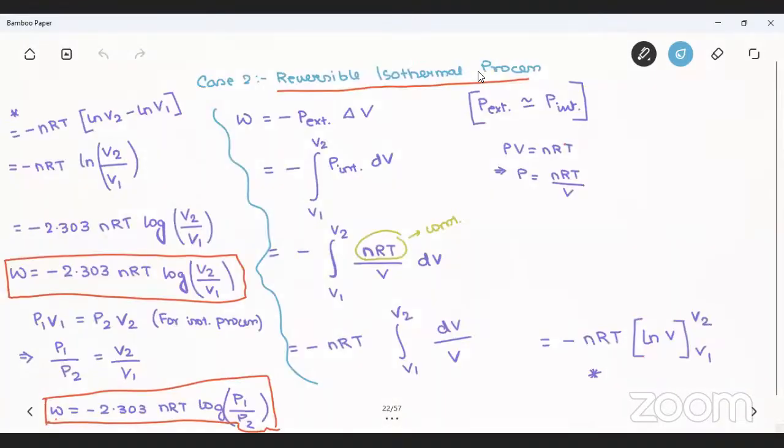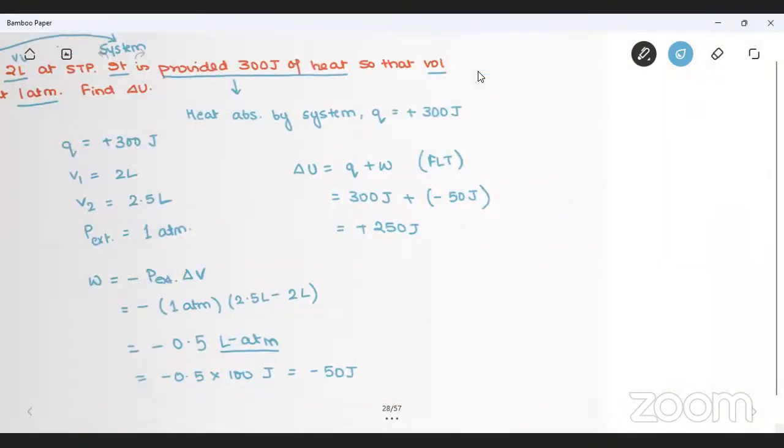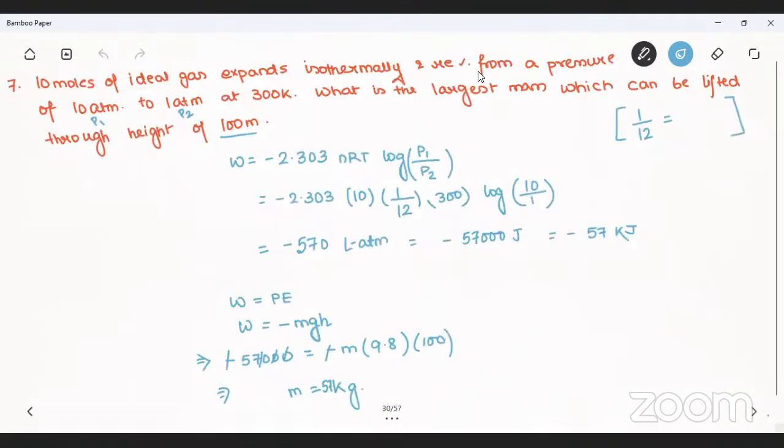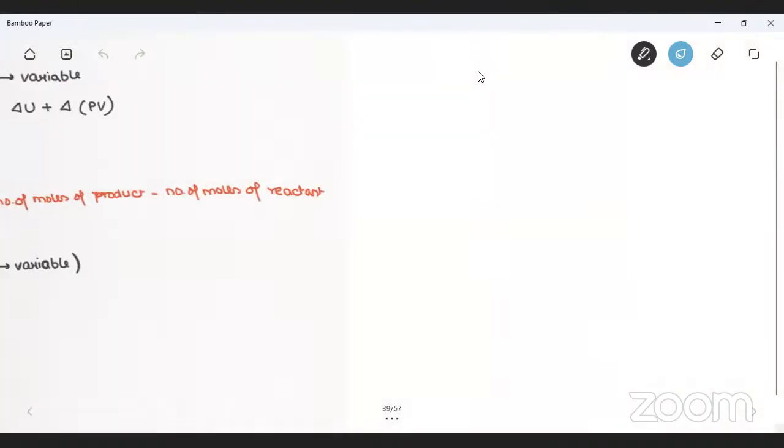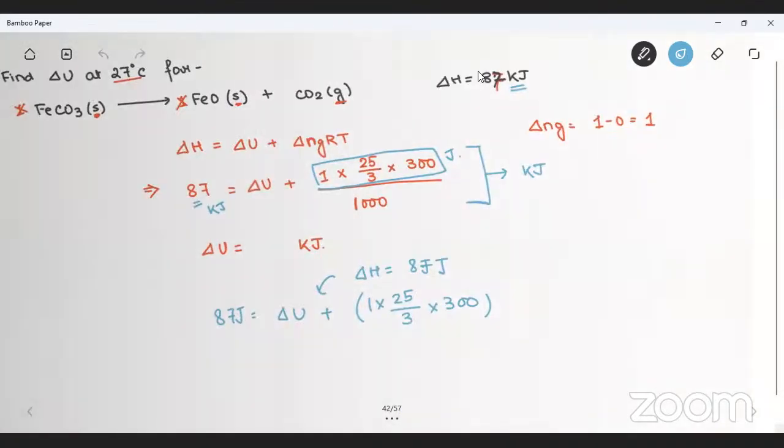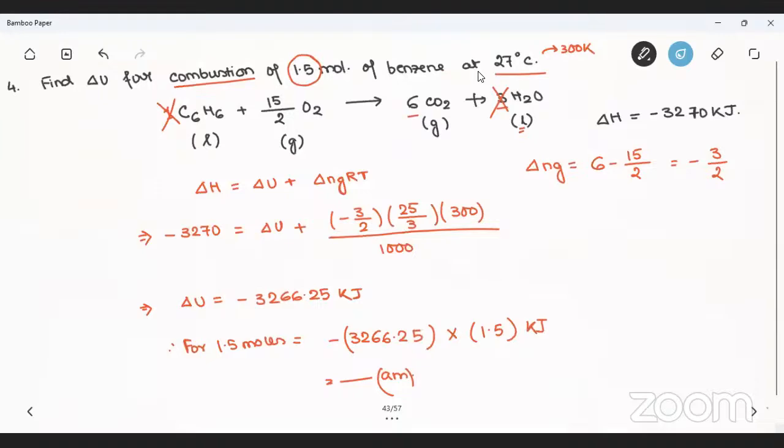See, for any kind of reversible system, P external is equivalent to P internal, and we use this integration sign. Now, did you remember? Yes, ma'am. Okay. So try to remember this, because if I do this, it's just a waste of time. Now I have to go back to that part again and start solving the sums for you.